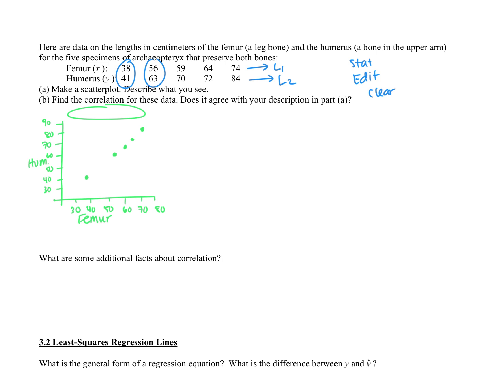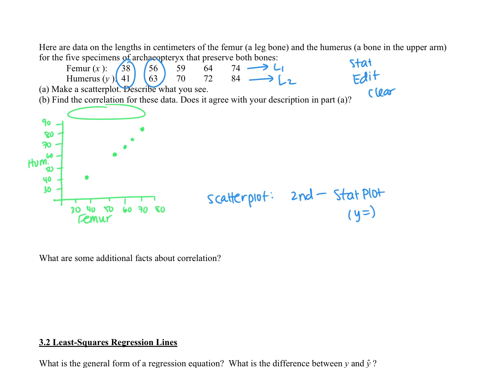The way to look at a scatter plot: you are going to go to second, stat plot. That's the y equals button. So hit second and then the y equals button, and it should say stat plots 1, 2, 3, 4.